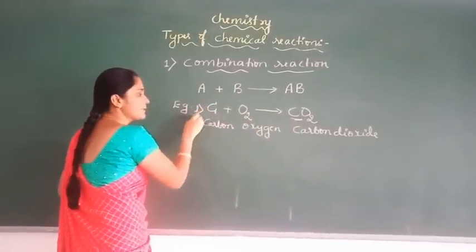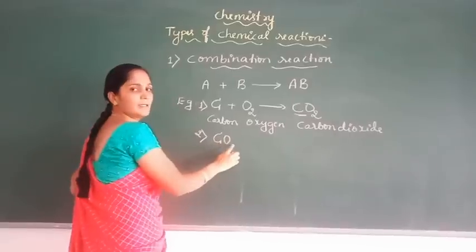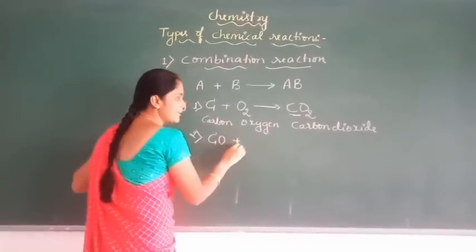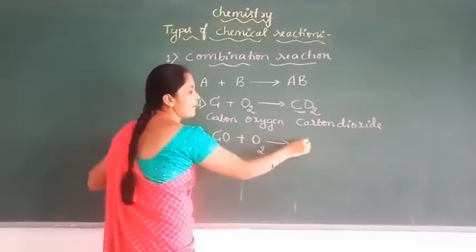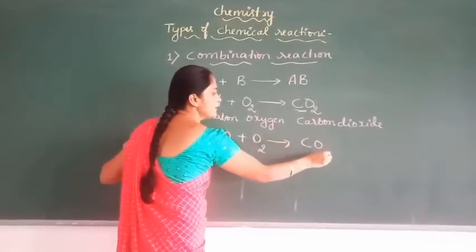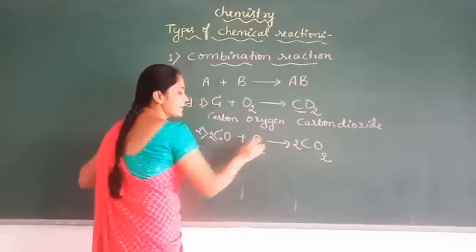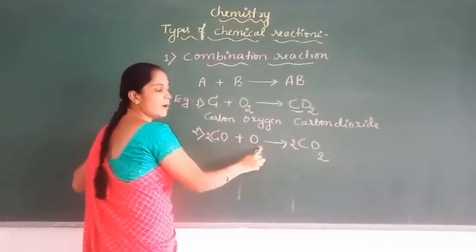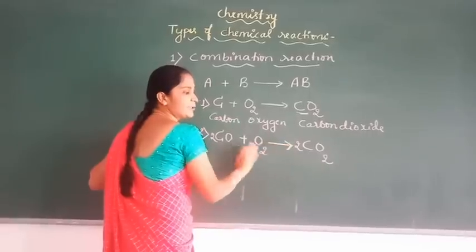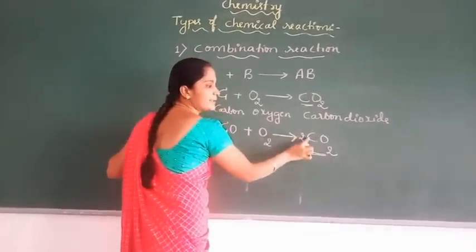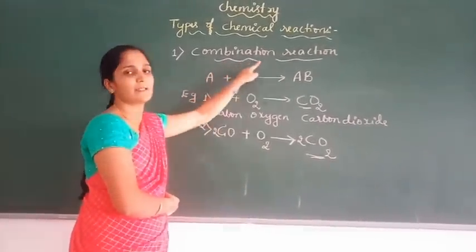Another example is carbon monoxide reacts with oxygen to form carbon dioxide. Here carbon monoxide and oxygen are two substances which can combine to give a single product, that is carbon dioxide. So it is combination reaction.